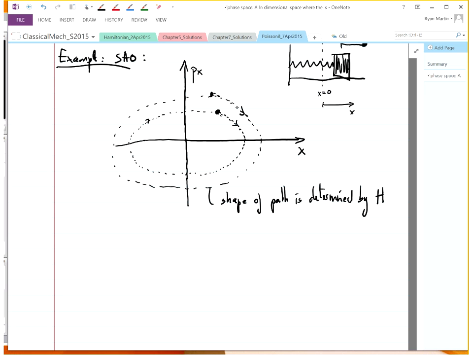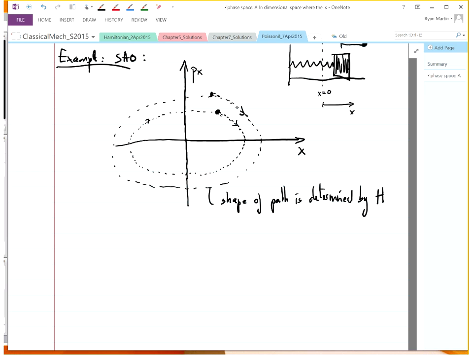Because for the simple harmonic oscillator, for example, the path, because of the Hamiltonian, is an ellipse, and which particular ellipse depends on where you started. So it's not possible to start at a different point in phase space and end up on a different path. Because the path that you take must be uniquely determined from where you started, and that's true at all times. So where you are also depends on where you were before. And there's no way in phase space to arrive at a common point from two different starting points.